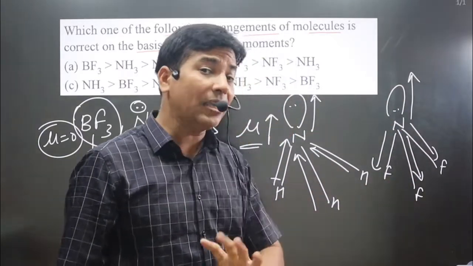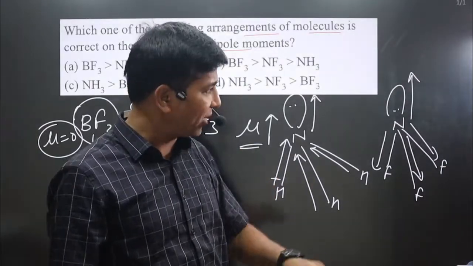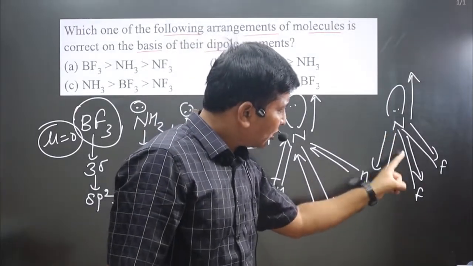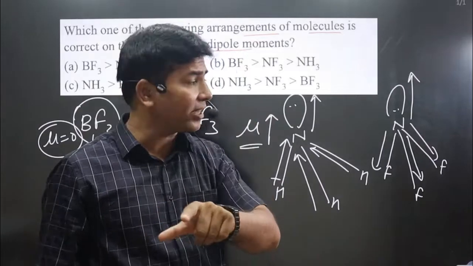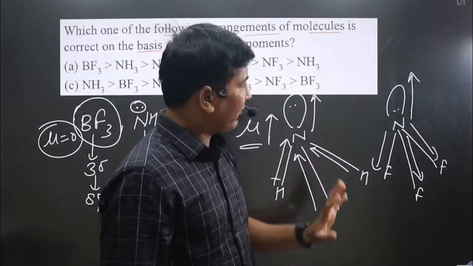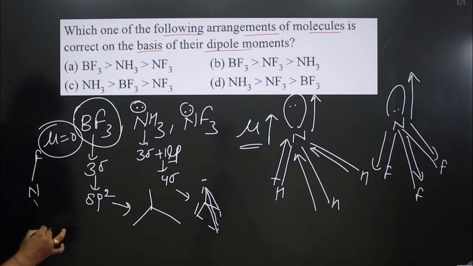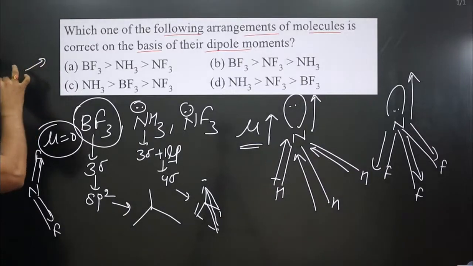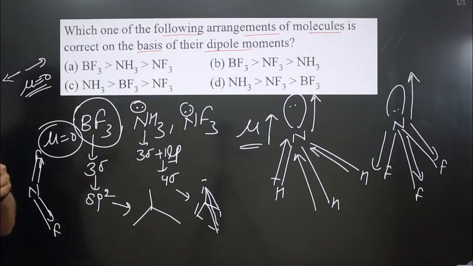Anyway, they will not cancel out each other 100%. Why? Because this dipole moment is different, and here we have the electronegativity difference. Some cancellation will be there, but 100% cancellation will not be there. If we have a situation like this: N, F, and then F, with arrows going opposite to each other, then we can say the dipole moment will be 0.